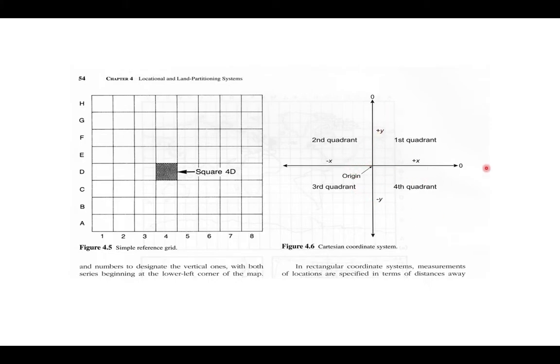The Cartesian coordinate system is what we were doing with latitude and longitude. We were looking at where these different lines crossed, and at those intersections, that was the location, the point that we would map out.